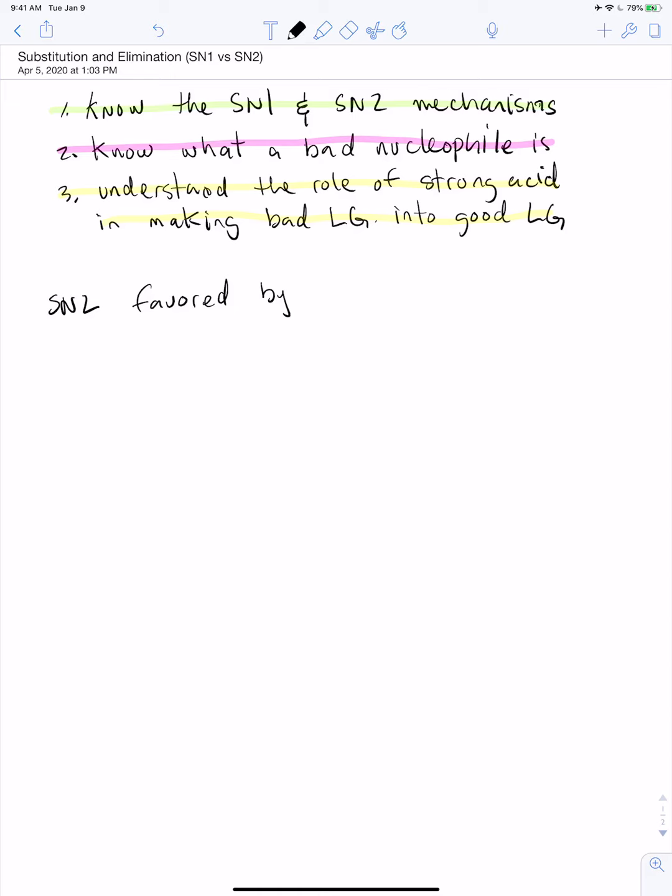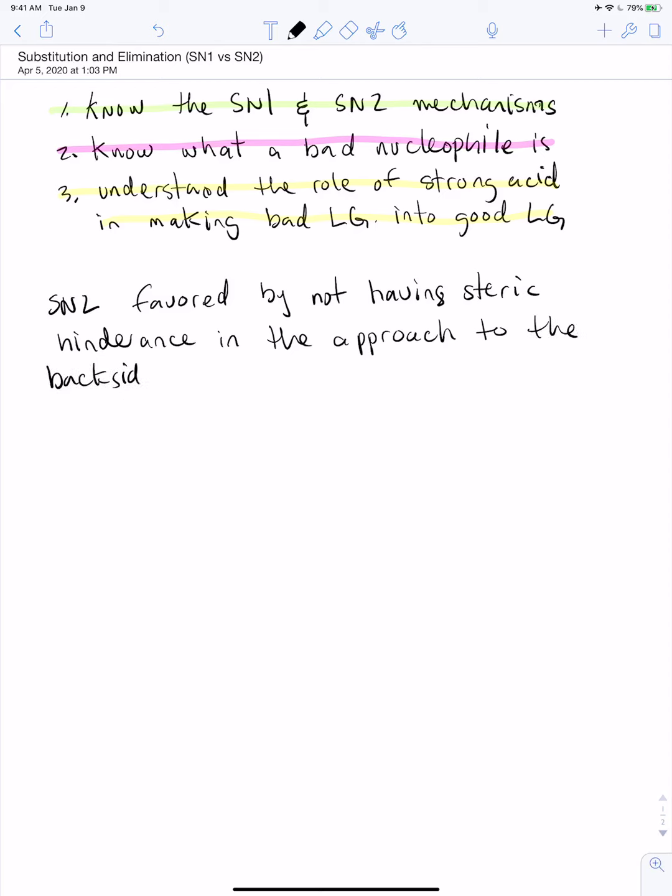So we can talk about the trends from tertiary to secondary to primary, but really it's favored by not having steric hindrance in the approach to the back side of the electrophile.